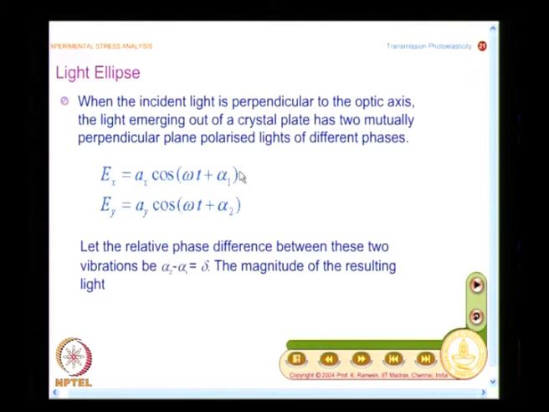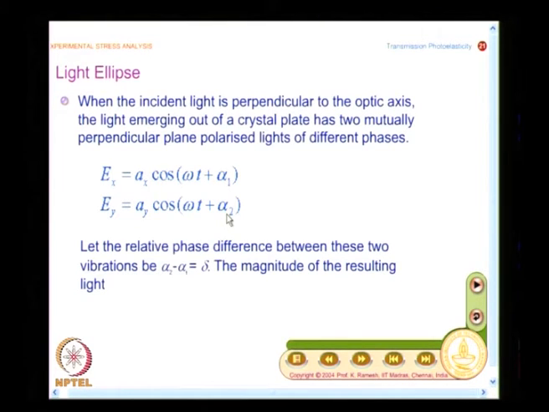So I essentially have two simple harmonic motions, one in the x direction and one in the y direction. They have different amplitudes Ax and Ay, and in general you could also think of phases alpha 1 and alpha 2.